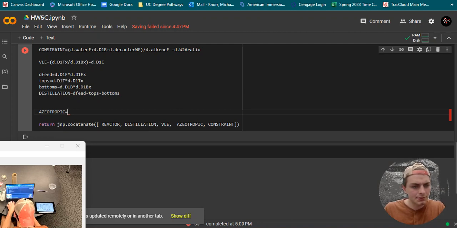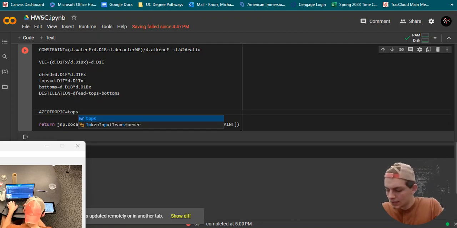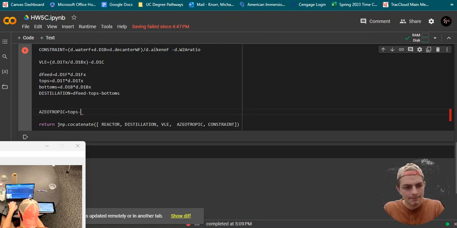D1 tops, so I'll just call this tops, and then subtract the decanter water flow rate multiplied by the decanter water mole fraction, as well as our ether stream times its flow rate, minus the alcohol stream multiplied by its flow rate.